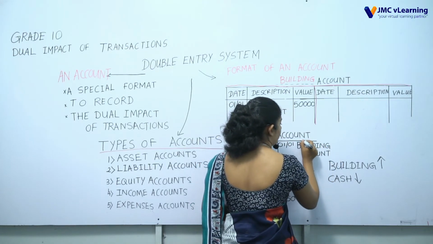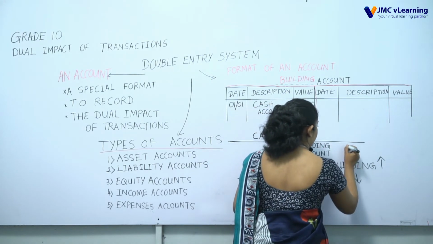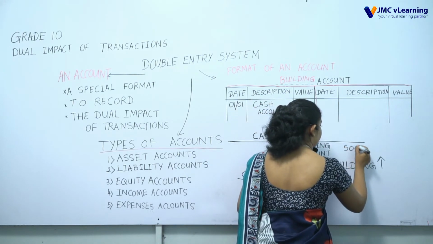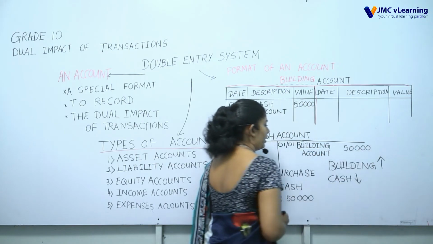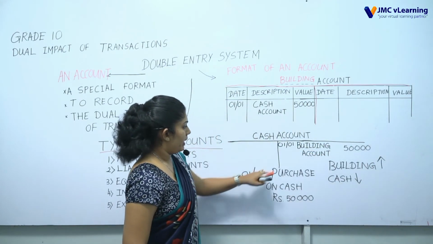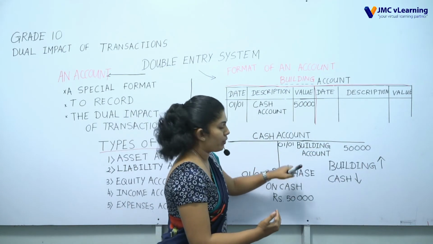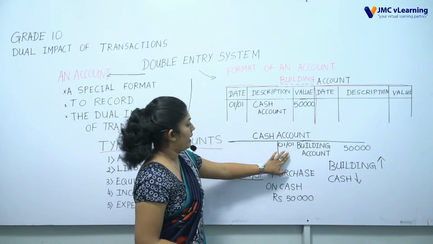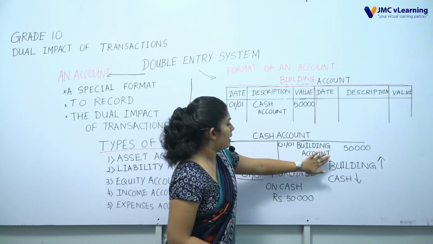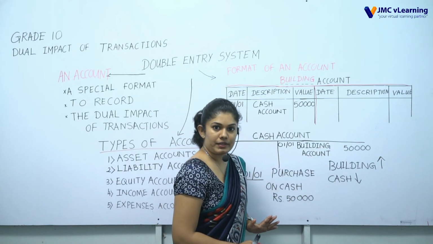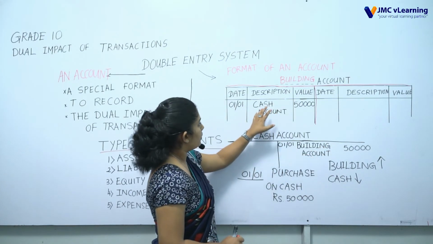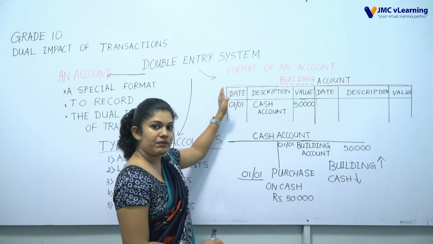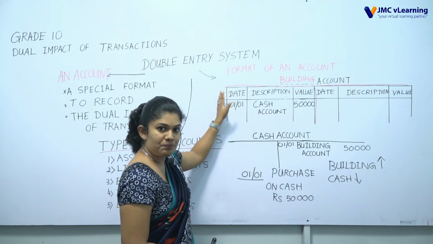And amount 50,000. So, when we record transaction, it is like this to record in the T account. It is very similar to this. Date is separated, description is separated, amount is separated. In this account, it is very descriptive. It is very clear to understand.